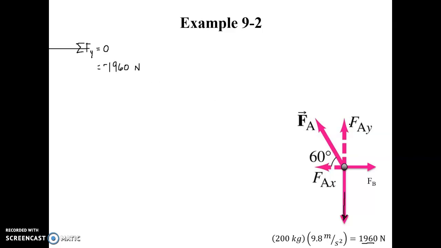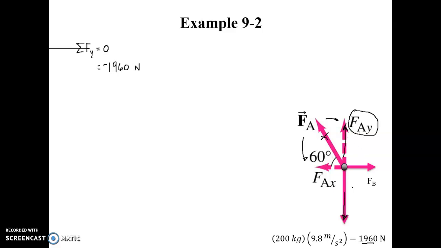What else is acting in the y direction? FAY is going to go up. And that's it. Those are the only two forces, because this FA, we've broken that up into the y and x components. So we can ignore this because we've replaced it with these other two.